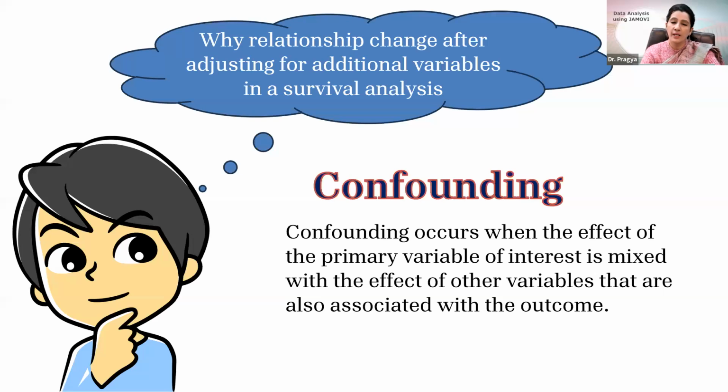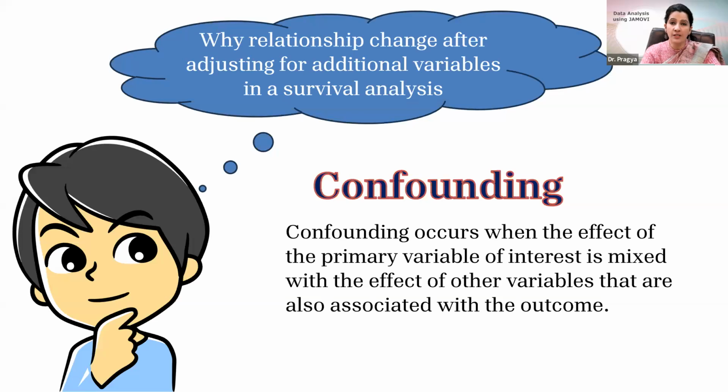So confounding effect or confounder is identified or happens when the effect of the primary variable of interest, which is gender in this case, is mixed with the effect of another variable that is also associated with the outcome.